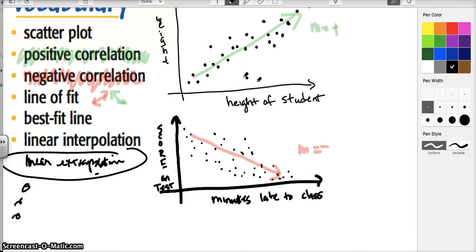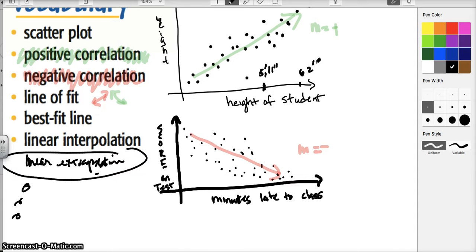So, for instance, let's say this was the height of a student, right? Height of students based on the height of students and their weight. And what if I had a student that was, let's say 5'11"? And let's say 5'11" was somewhere here with, let's say, 6'2" here or something.